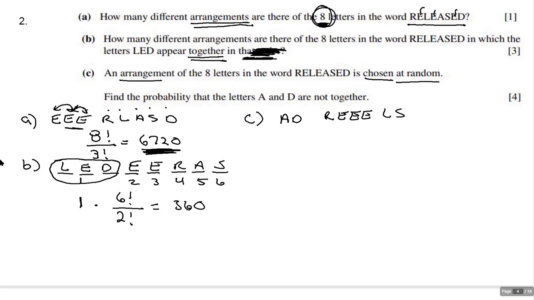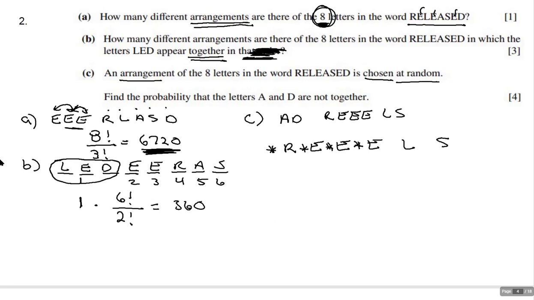All right. So AD. Now, whenever you have to separate something, we're going to start by putting the things that are going to be doing the separating. Here are the things that are going to be doing the separating. R, E, E, E, L, and S. They're going to be separating the A and the D. The A and the D can go in any of these spots.